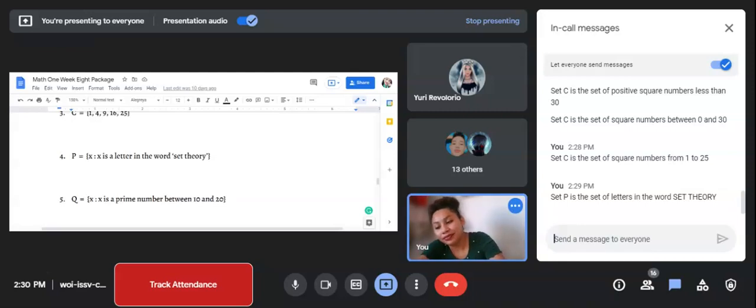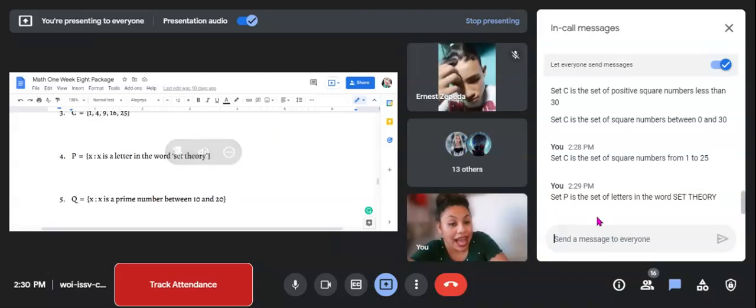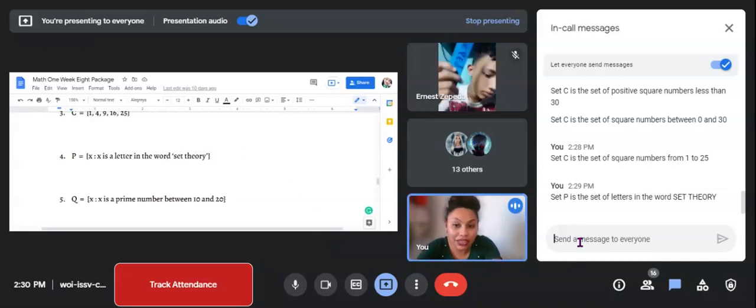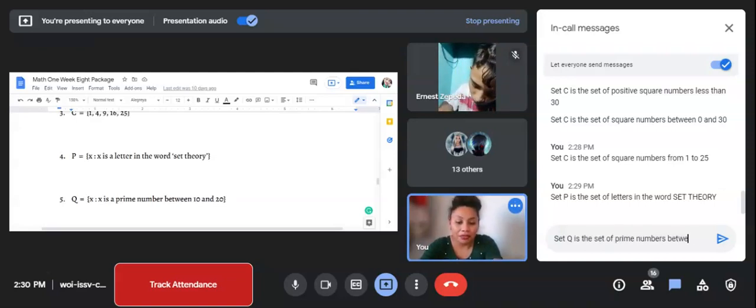Okay. And then for the last one, it gives you the description right in the set builder. So I can go ahead and write that same exact thing. I don't even have to change anything. Set Q is the set of prime numbers between 10 and 20.